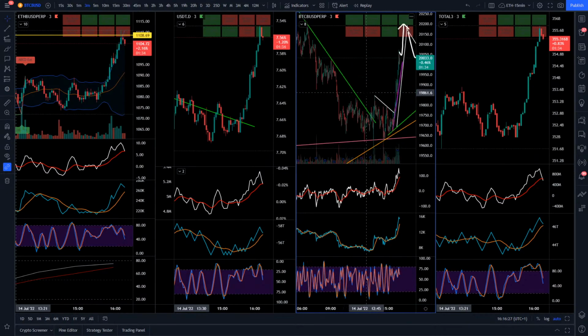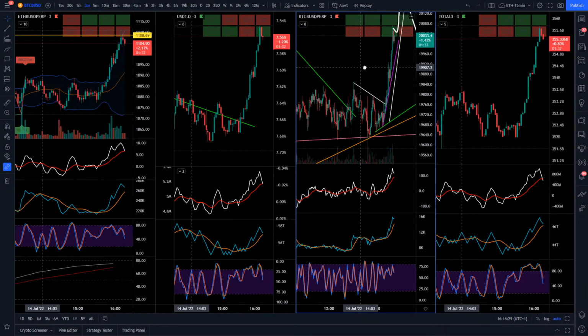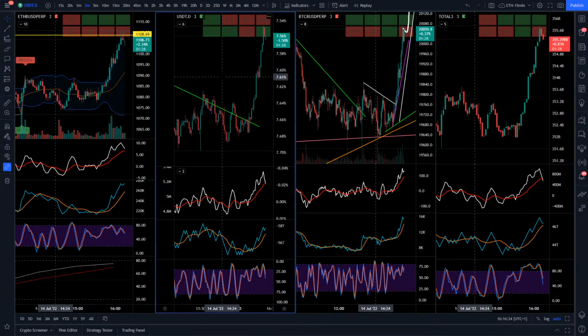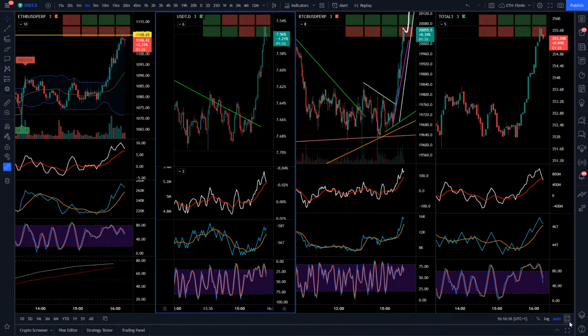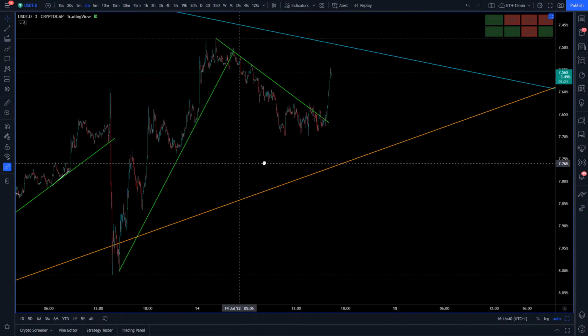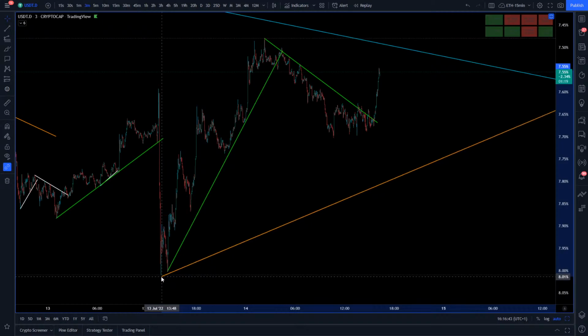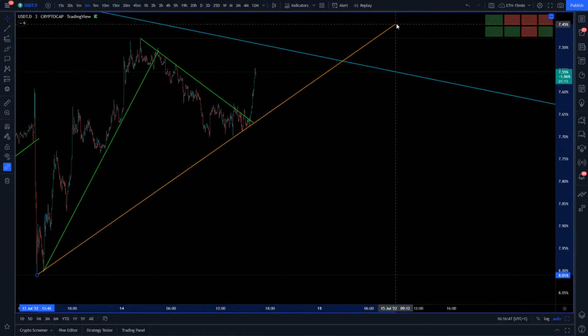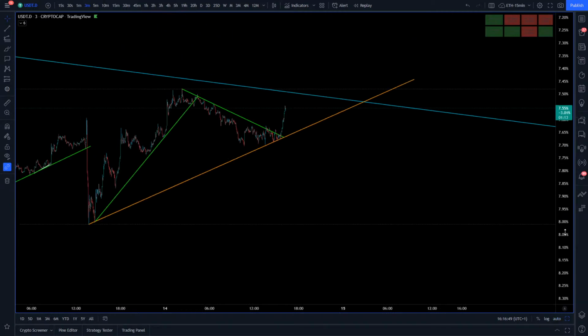The 3-day trend is very close to the end. So if this, our daily line, our orange line, this is our orange line right now.